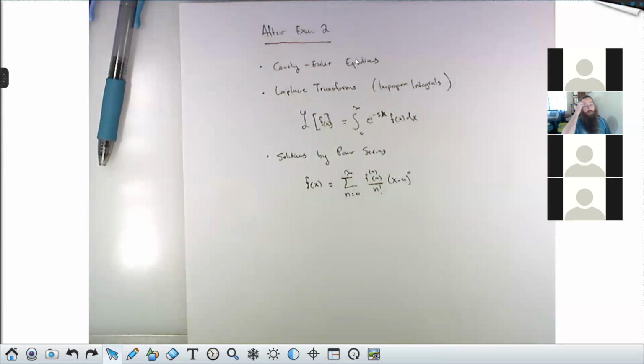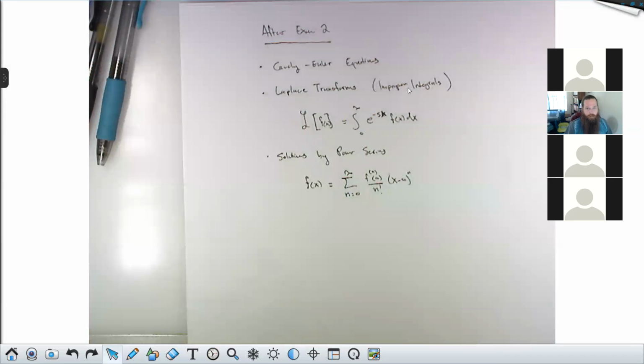So if you had any trouble with improper integrals in Calc 2 or power series, and let's be honest, I know everybody did, then you may want to spend some time brushing up on that before we get into it. I recommend, if you feel well studied for the test, that you watch some of those MIT videos on the Laplace transform, that you maybe review some content from your Calc 2 notes, old tests, whatever, on power series, just to make sure you're comfy with these. These both involve the concept of convergence, which I know is tricky.